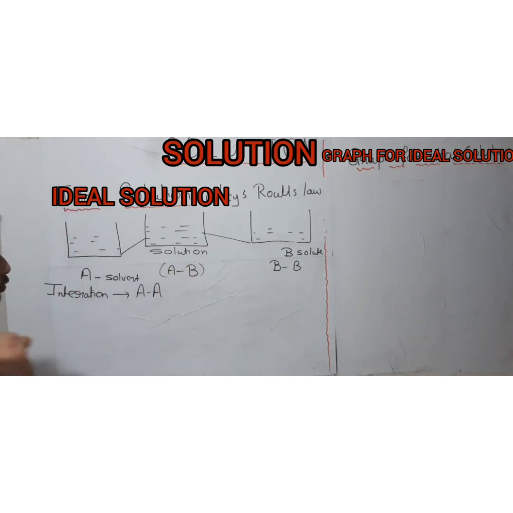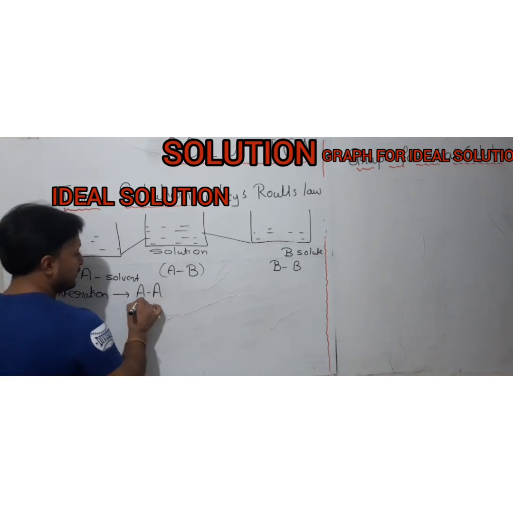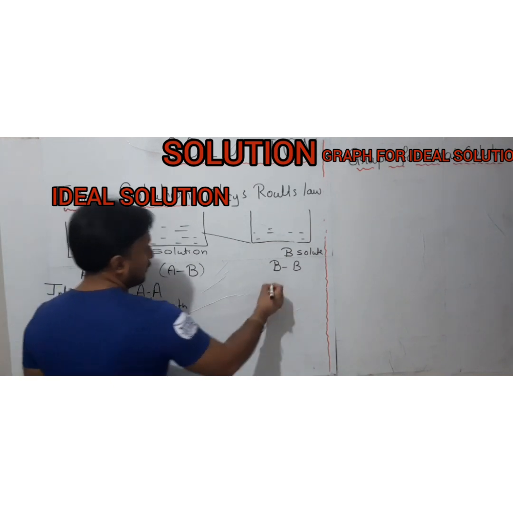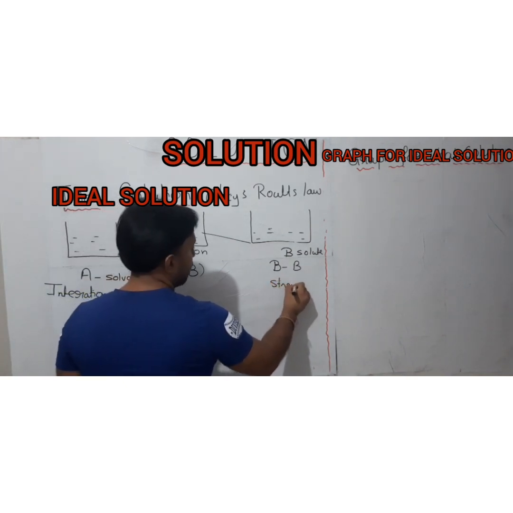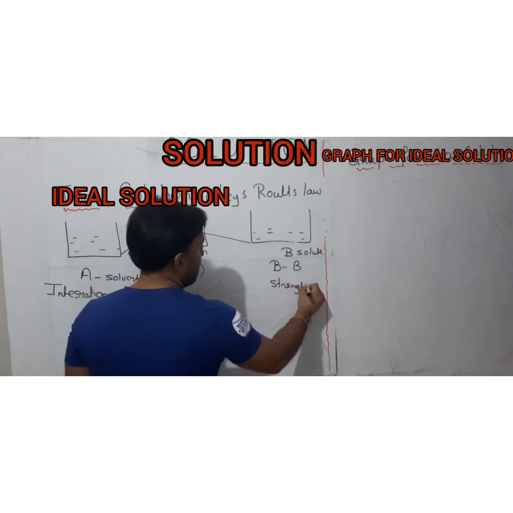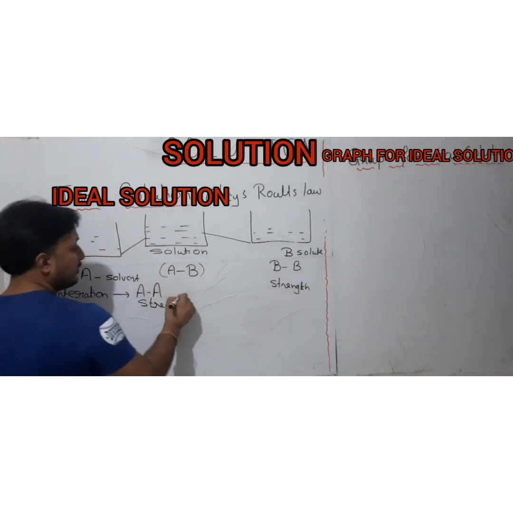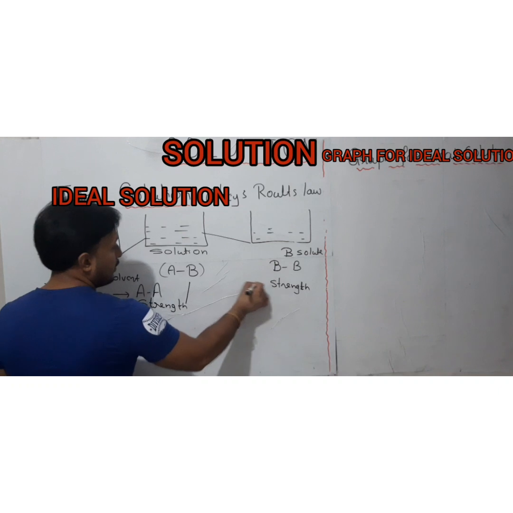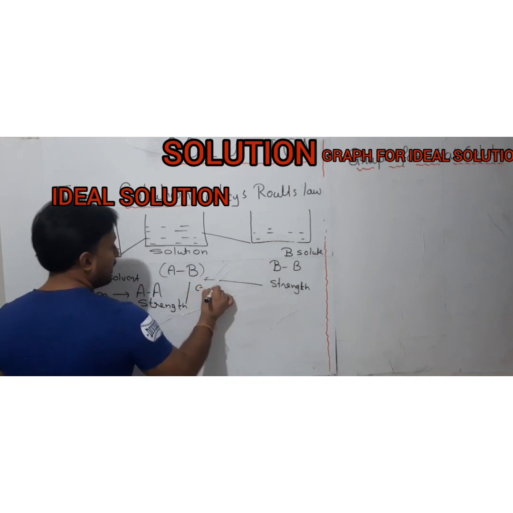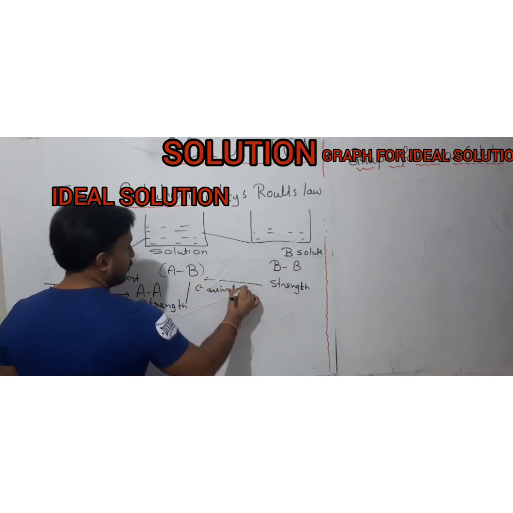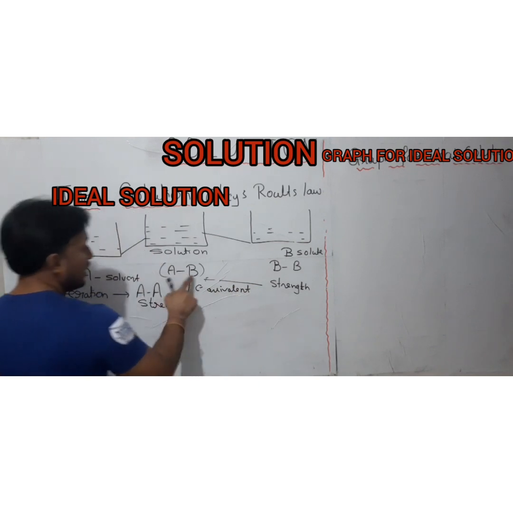So what an ideal solution says is that the interaction strength of AA or BB is going to be equivalent to AB.